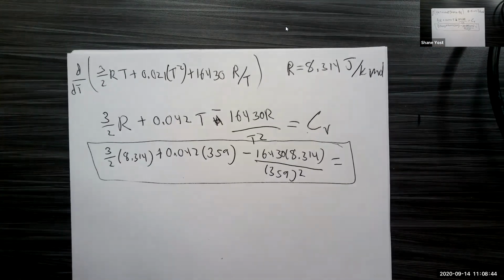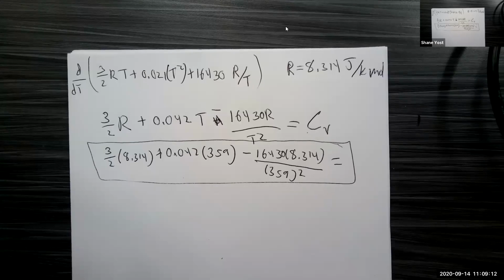Other questions? Yep. How do I understand the units of T? A lot of times, and we'll deal with this more when we talk about partial molar volume of liquids, there are going to be a number of times in this class where there'll be equations like this.